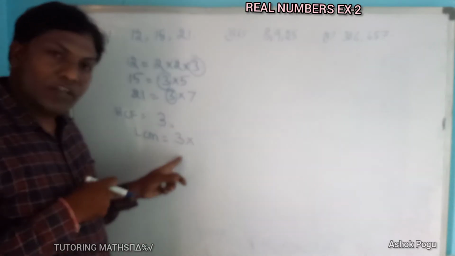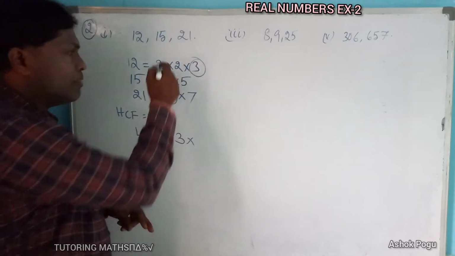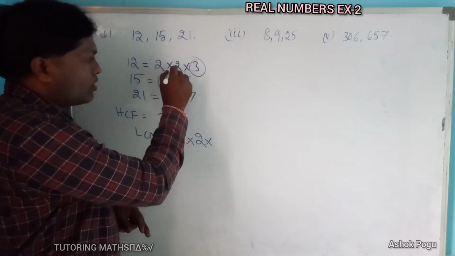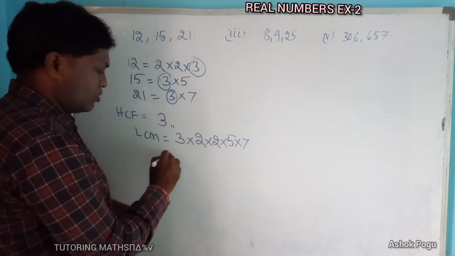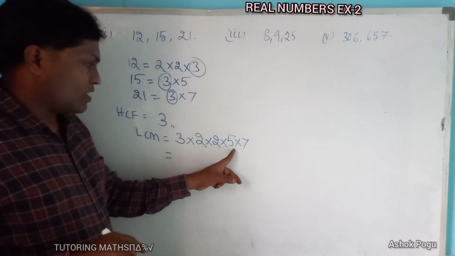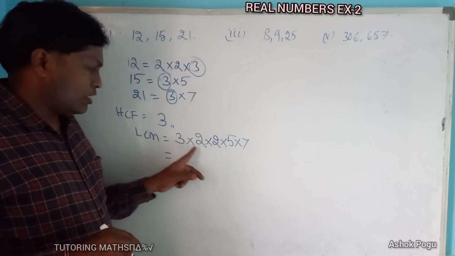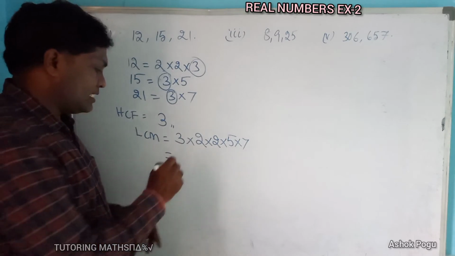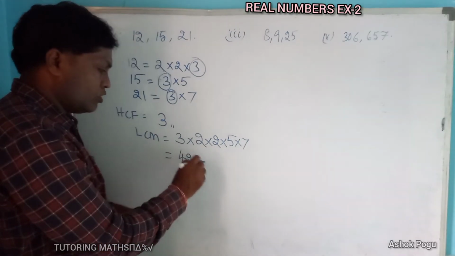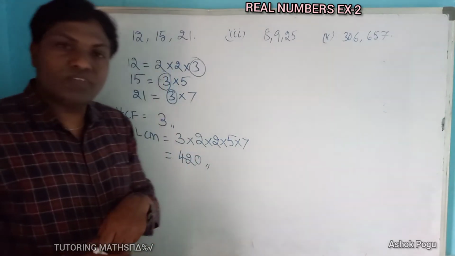So then what should we do? Take down all the remaining numbers. 2 into what are left? 5 into 7. So finally the LCM is 3 into 2 into 2 into 5 into 7: 3 2s are 6, 6 2s are 12, 12 5s are 60, 60 7s are 420. So this is the LCM of the given numbers.